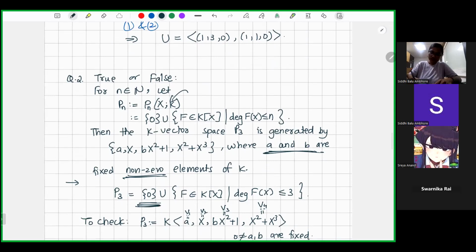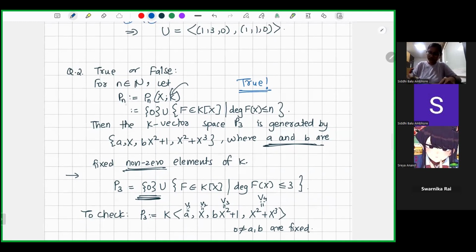This was a true/false question, and this is true: that this P3 here is actually generated by this set here.